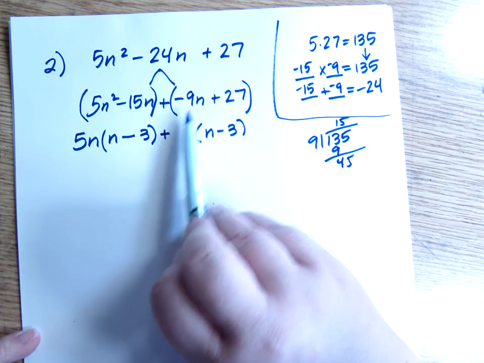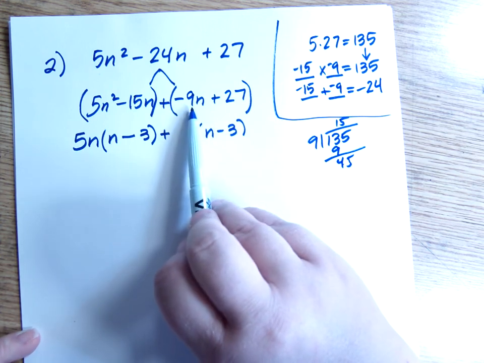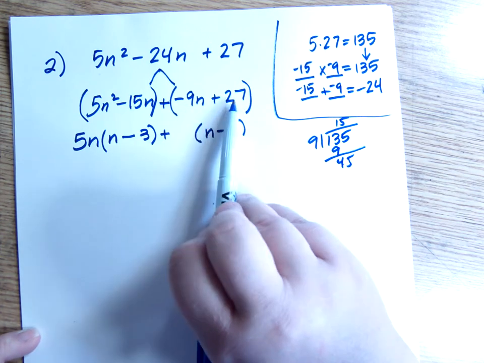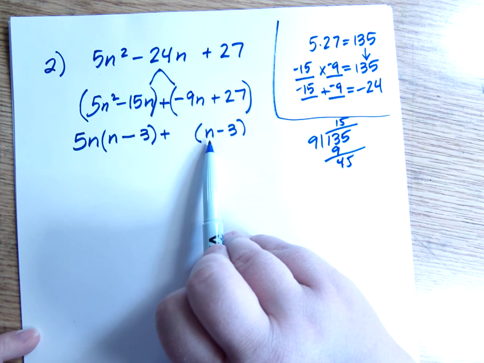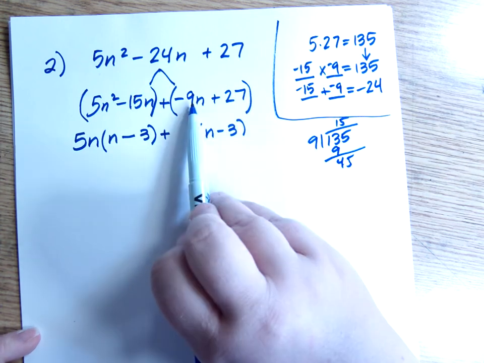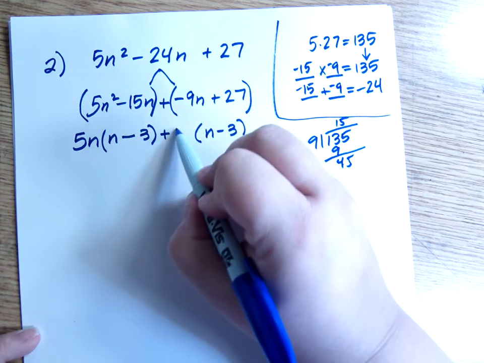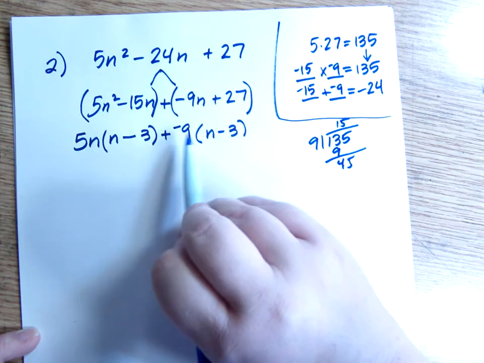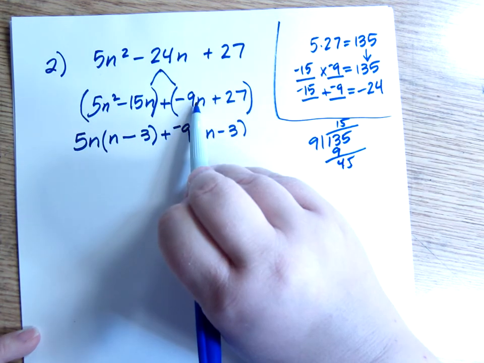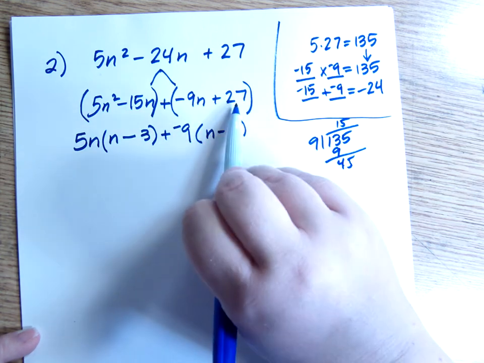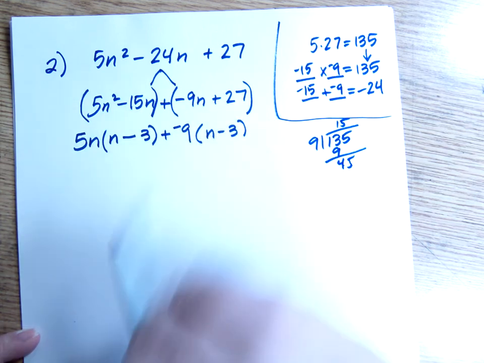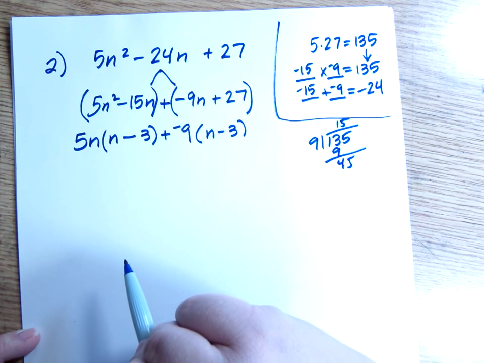Like if I took out just a 9 here, that would leave a negative in front of the n, and I don't want a negative in front of the n. So I have to take that negative with the 9. If I take a negative 9 out, negative 9 times n makes negative 9n. Negative 9 times negative 3 makes positive 27, so that works also. So I need to take out a negative 9.